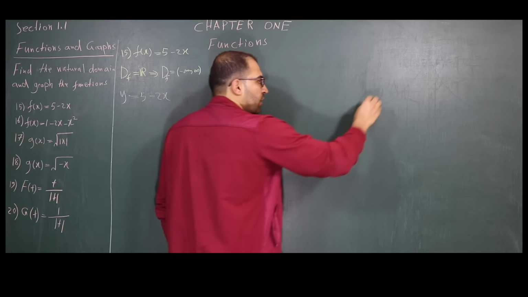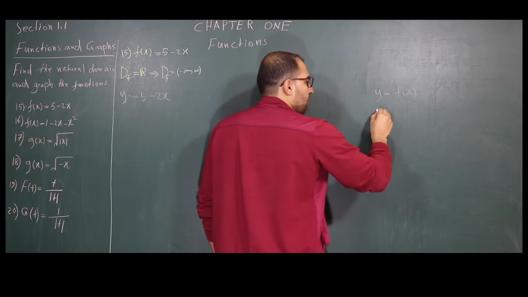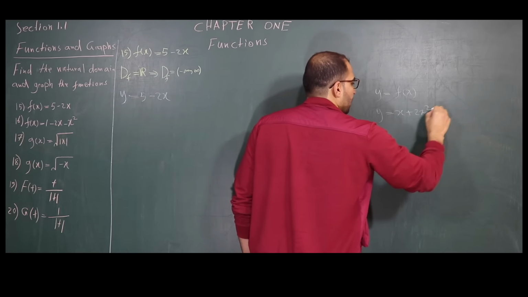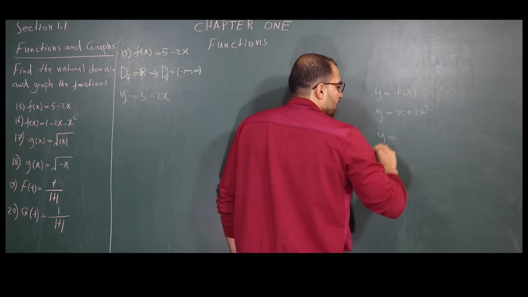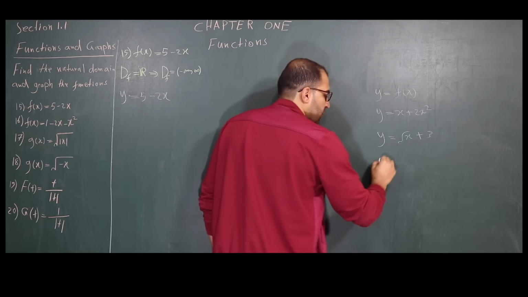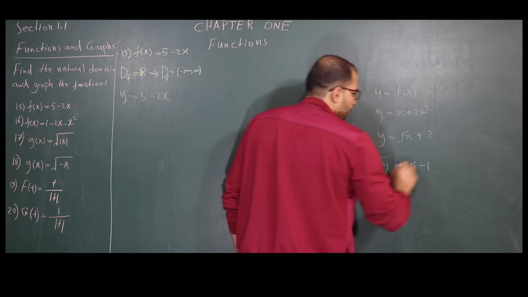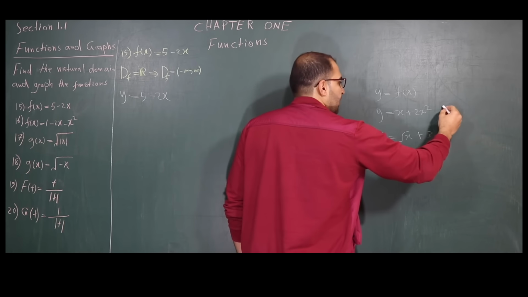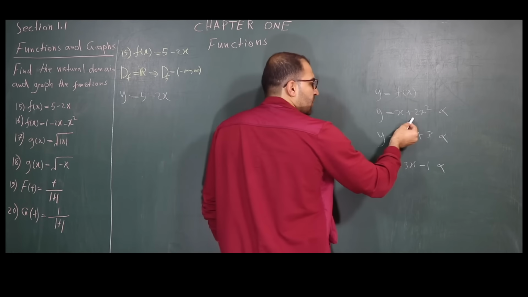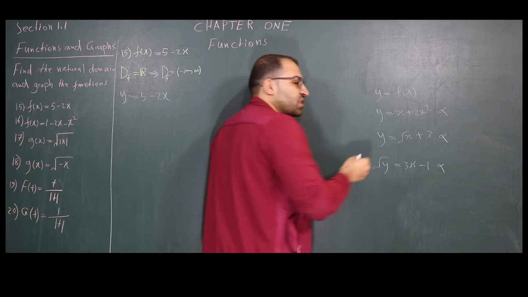If we have, for example, y equals x plus 2x squared, or y equals square root of x plus 3, or square root of y equals 3x minus 1, this is nonlinear, and this is nonlinear, and this equation is not linear because we have an exponent which is not 1.